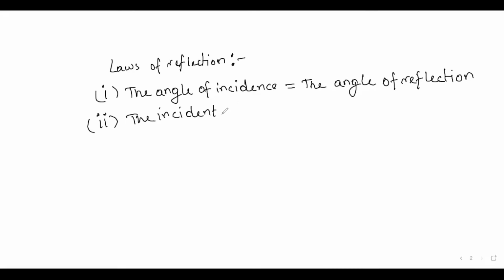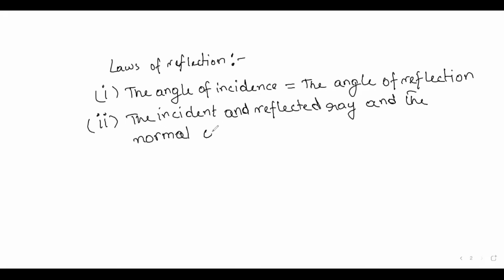The second law is the incident and reflected ray and the normal are on the same plane. So the two laws are: the angle of incidence is equal to the angle of reflection, and the incident and reflected ray and the normal are on the same plane.